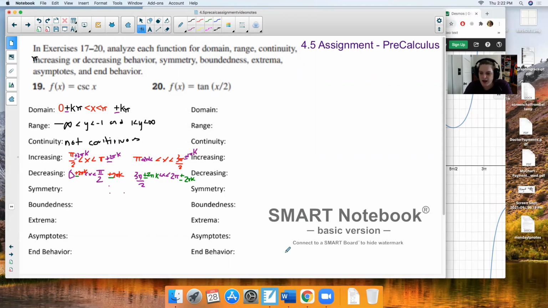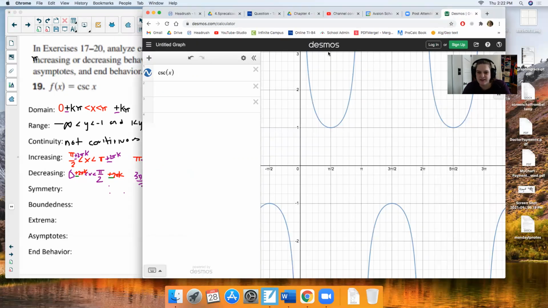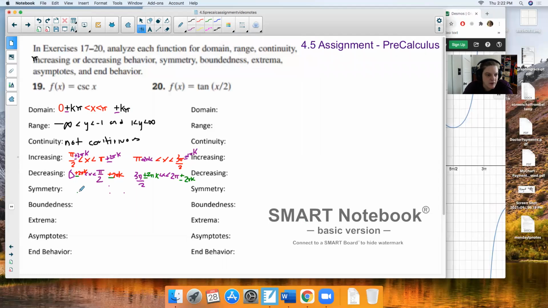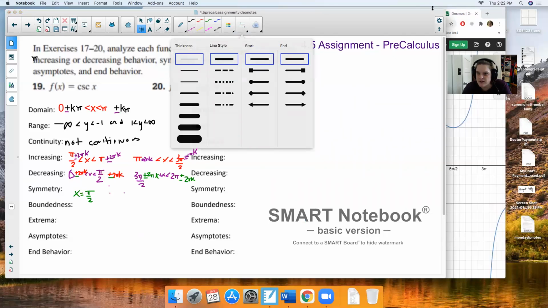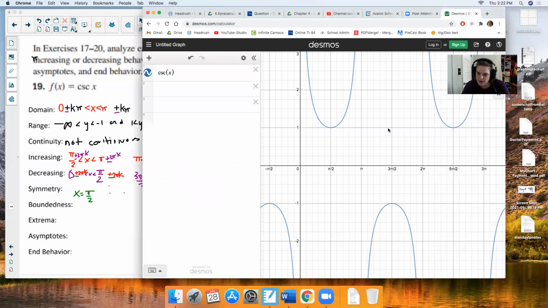Okay. Then our symmetry, let's see, definitely symmetric on these minimums and maximums. So we're going to say at pi over 2. And then every revolution after that, every repeat, that is going to be, what's the distance?